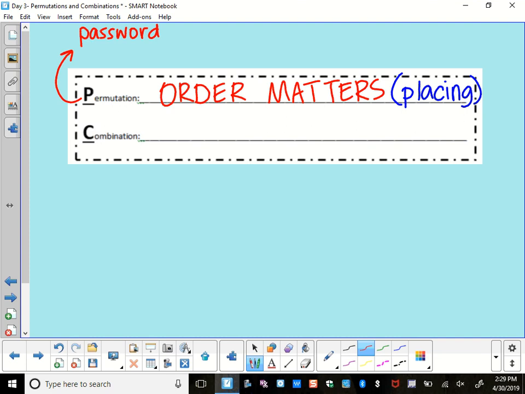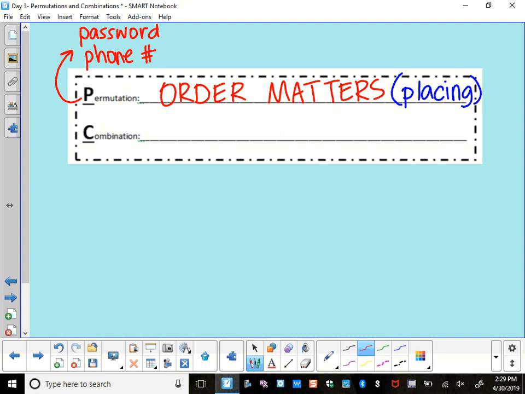No, so your order matters, right? For most passwords, like uppercase and lowercase even matters. What about for your phone number? Does the order matter? Yeah. If your number is 703 and I dial 730 instead, do I get the same person? No. So order matters for phone numbers.